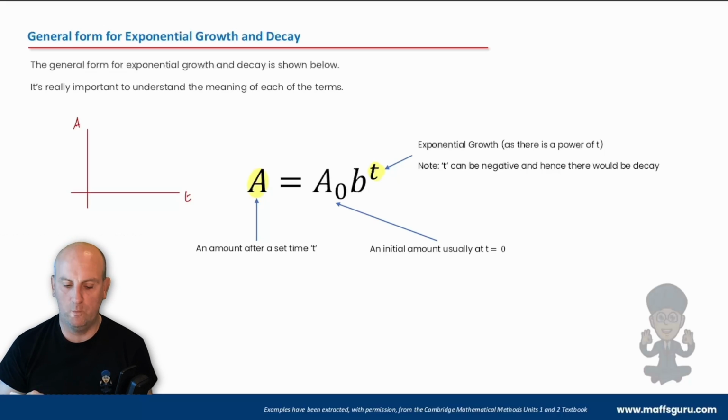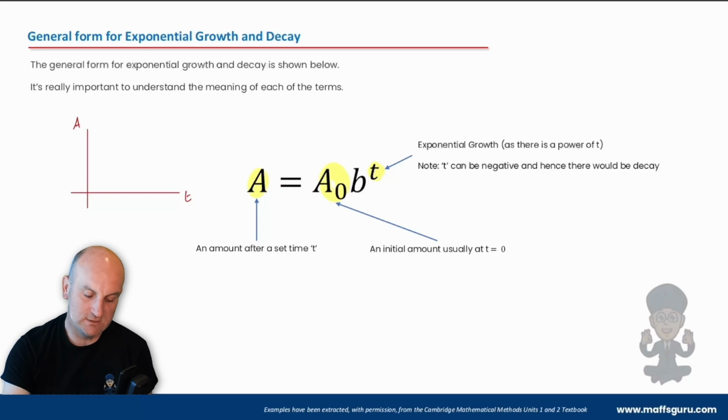All right, so what is this value of A0? Well, hopefully from the work we've done previously, we would know that that was our start value. That would be our initial value when t equals 0. And again, from basic exponential rules, if t becomes equal to 0, b to the power of 0 would be 1. And so my initial value would be equal to A0.